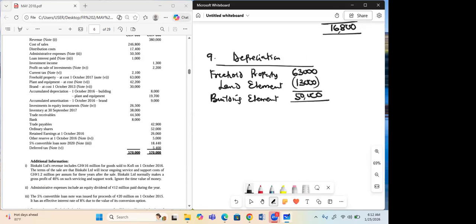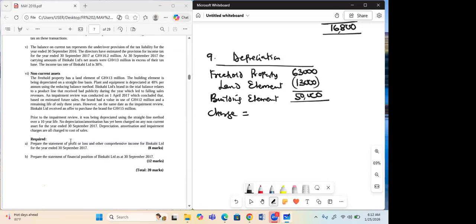So the depreciation charge will be, let's go and look for the useful life. Now the plant, the useful life, let's read. Did he tell us the useful life? The straight line method, 10 years.